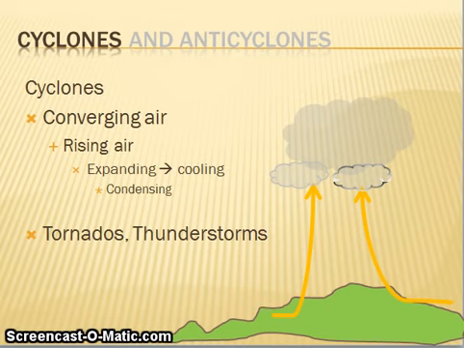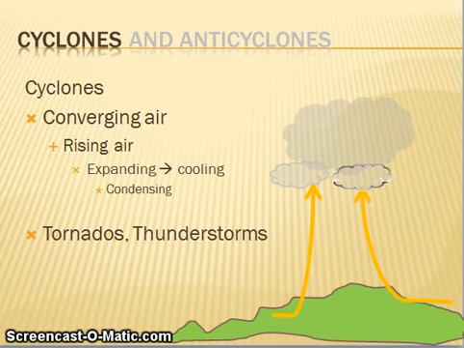When we talk about cyclones and anticyclones, or converging air versus descending air, we're going to look at cyclones first. And this is the effect of air rising. So air can rise because it's pushed into a mountain and gets pushed up the hill.